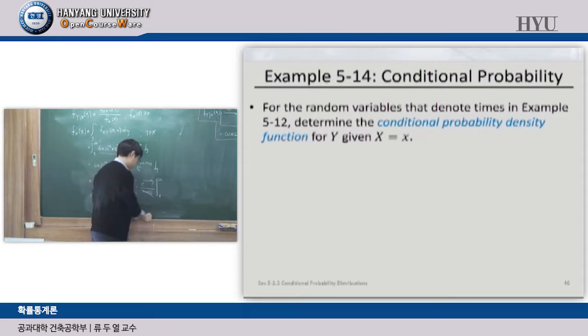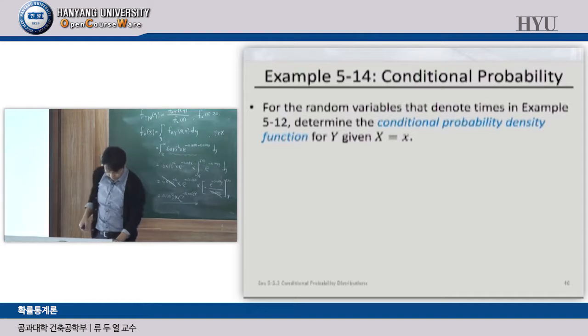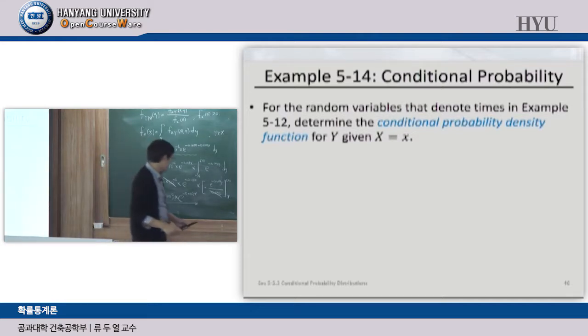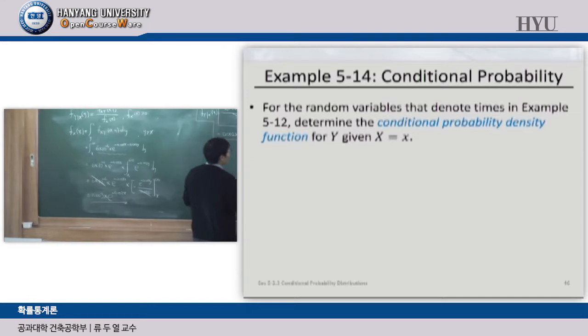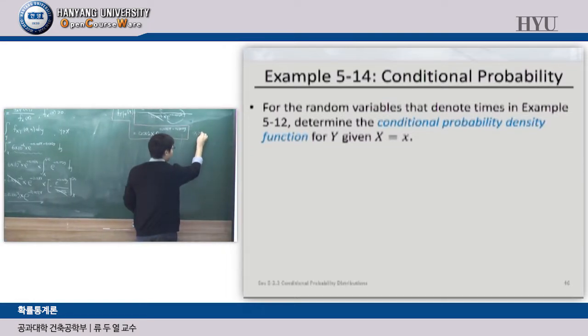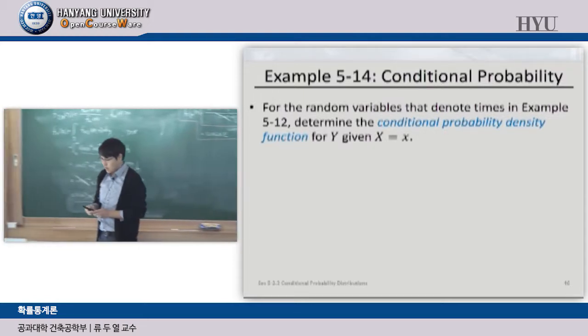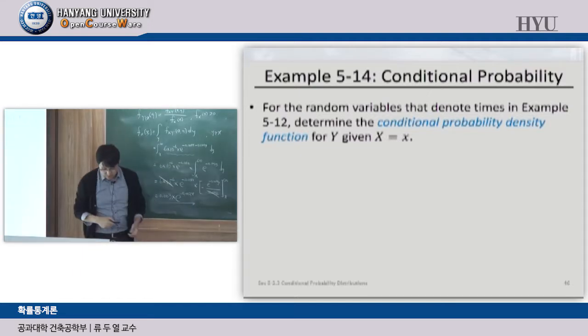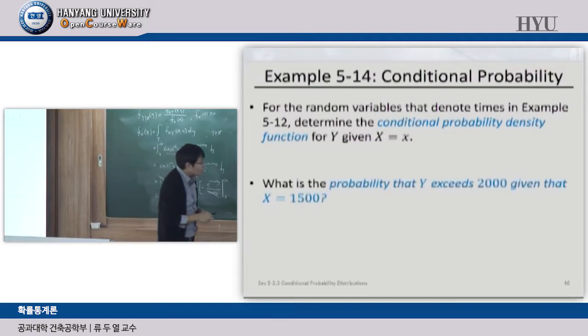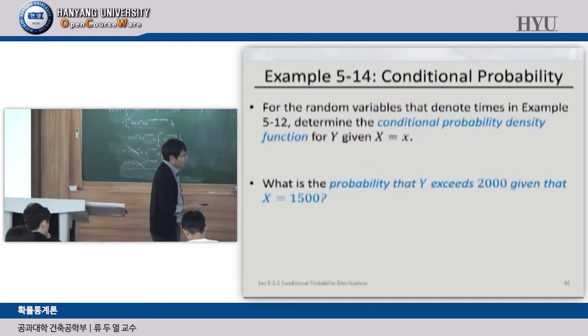Okay? And in this case, x always should be larger than 0 and y always should be larger than x. That is the requirement. And in this case, what is the probability that y exceeds 2000 given that x is equal to 1500?